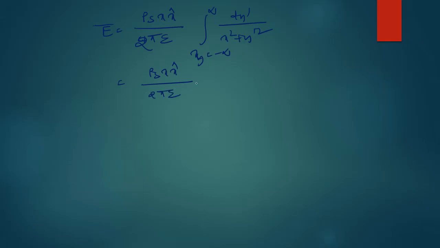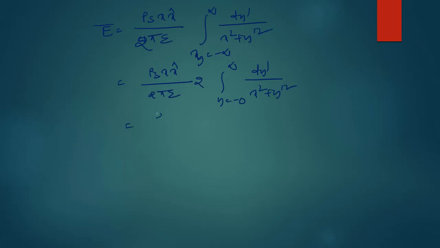So the total electric field is equal to rho s x x cap by 2 pi epsilon times the integral, where y dash changes from minus infinity to plus infinity, of dy dash by x square plus y dash square.